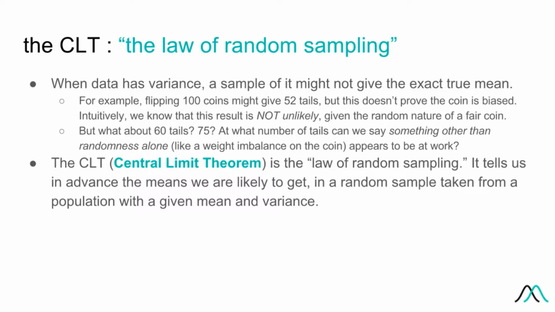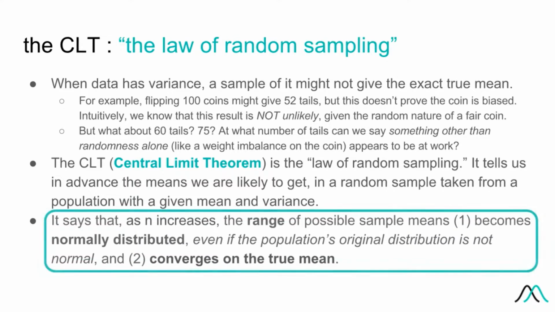As the law of random sampling, as we could call it, the CLT tells us in advance the means that we're likely to see in random samples taken from a population with a given mean and variance. It says that as n increases, as our samples get larger, this range of possible sample means, first, becomes normally distributed even if the population's original distribution is not normal, and second, that the sample mean will converge on the true mean.